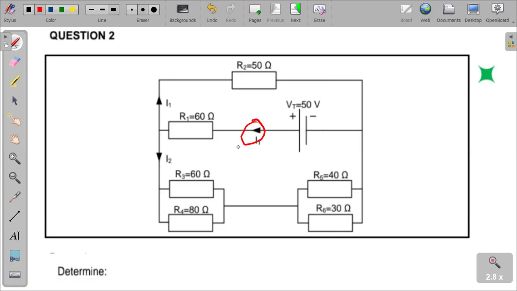For as long as current is divided, for example at this point, you can see that current has been divided, some going towards this direction and some towards that direction. That marks the beginning of a parallel combination or parallel circuit.